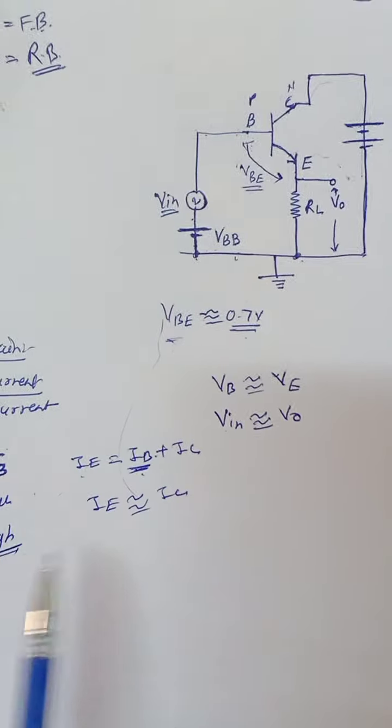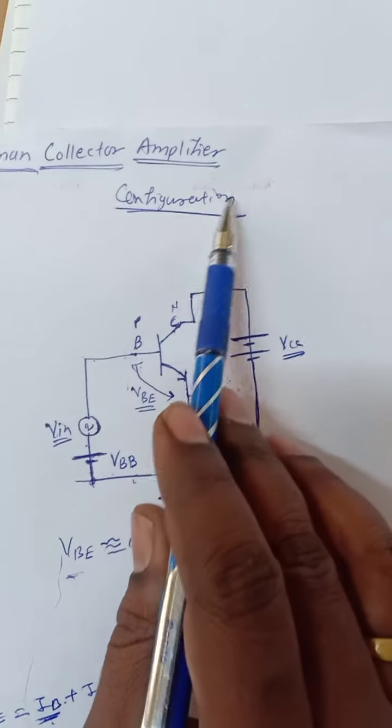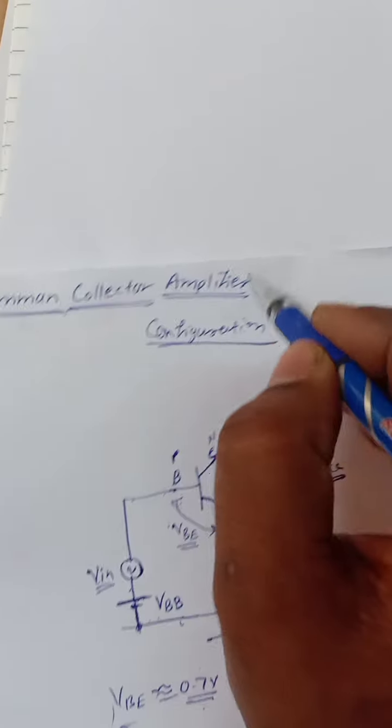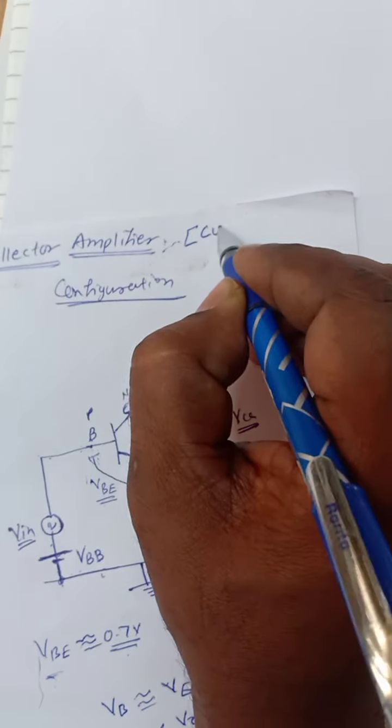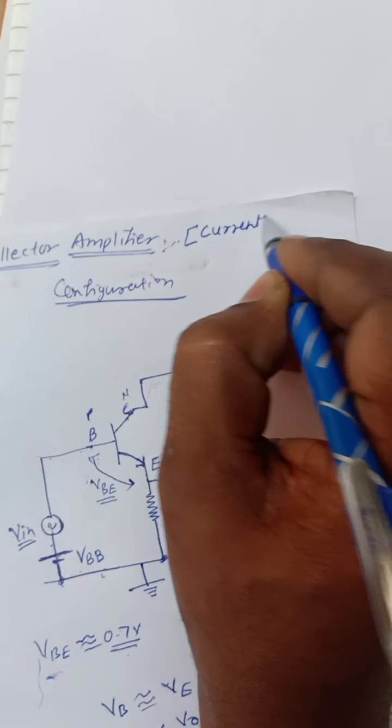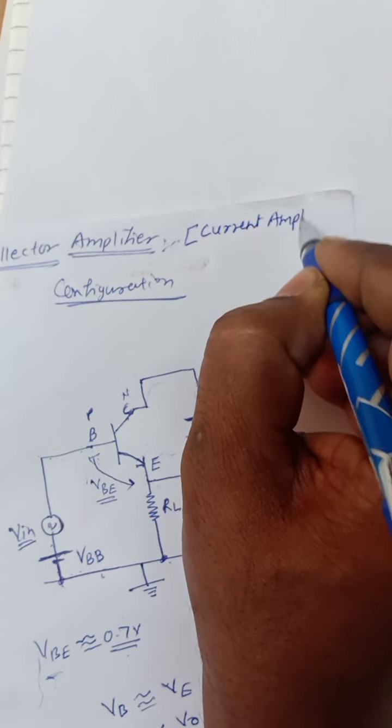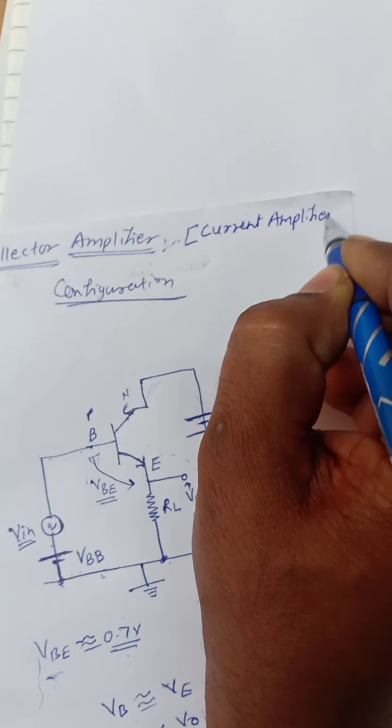So we can say that this common collector amplifier is a current amplifier.